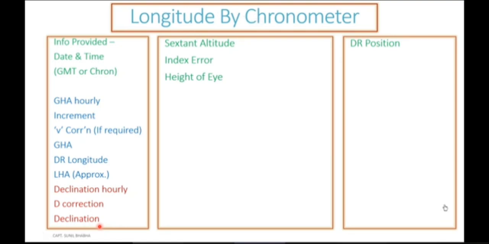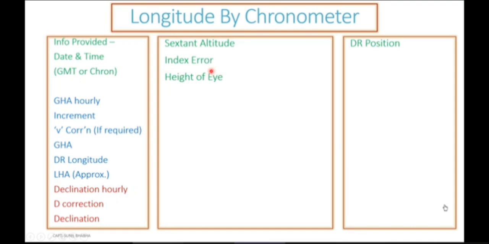So we have obtained the GHA, approximate LHA, and the declination of the body. That is step 1. Now moving on to the next step. The next information we have is the sextant altitude. We will correct this altitude now. We will first apply the index error.